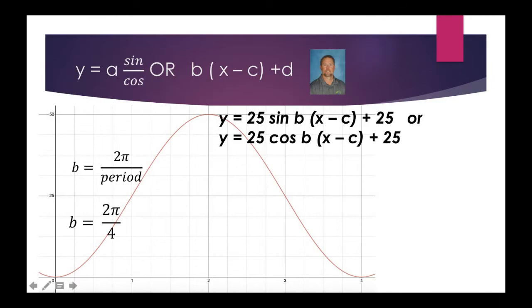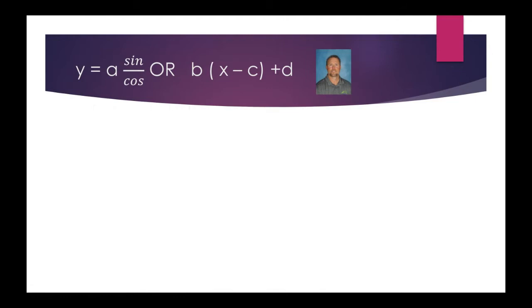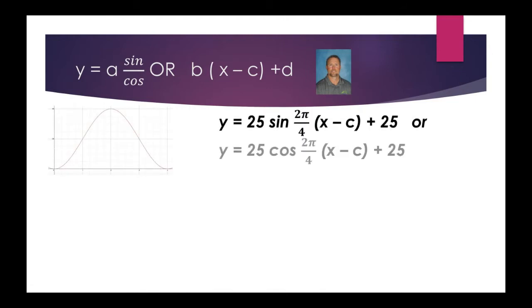So there is your B. It's 2 pi over 4. Still going good. We now have 2 possible equations because the 2 pi over 4 goes where the B is. So now it's 25 sine 2 pi over 4 x minus c plus 25, or 25 cosine 2 pi over 4 x minus c plus 25. Those are the 2 options we have.